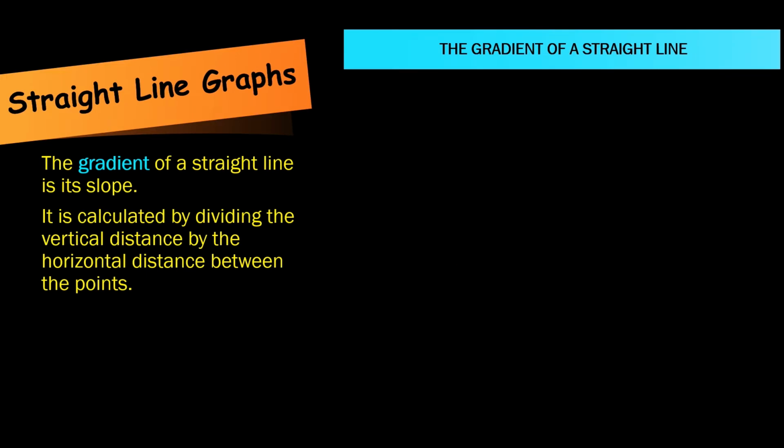The gradient of a straight line is its slope. It is calculated by dividing the vertical distance by the horizontal distance between 2 points on the line.